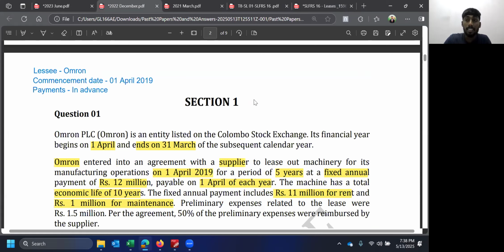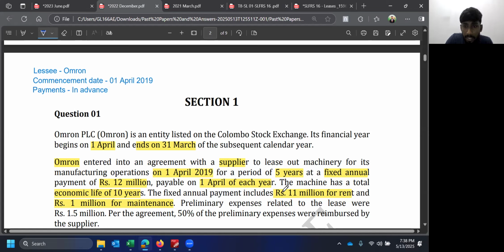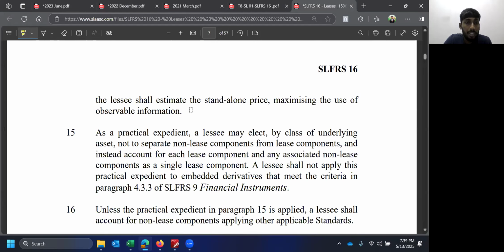That is what we consider for the lease liability calculation. The non-lease component needs to be charged to P&L using other standards. Therefore, when calculating the lease liability, we can use only this 11 million. Clear? But a company can apply a practical expedient which is mentioned in para 15.